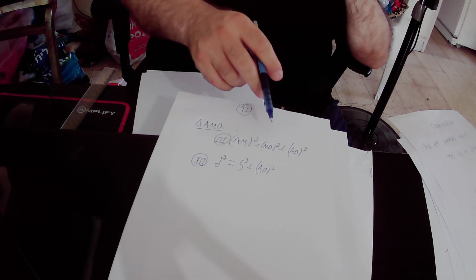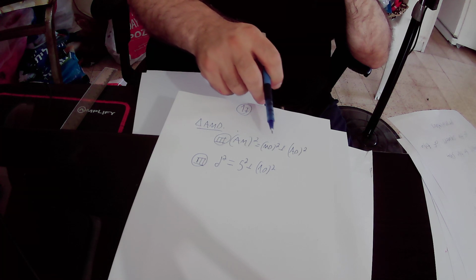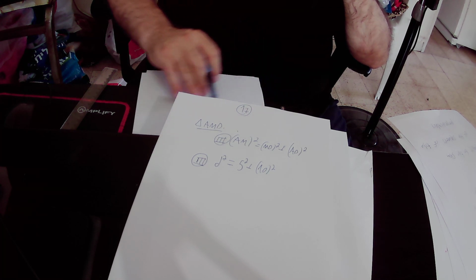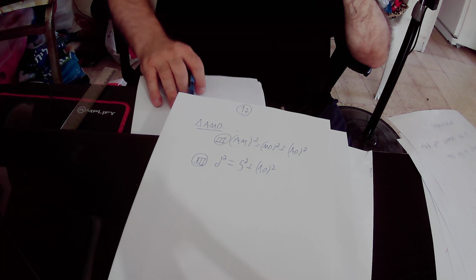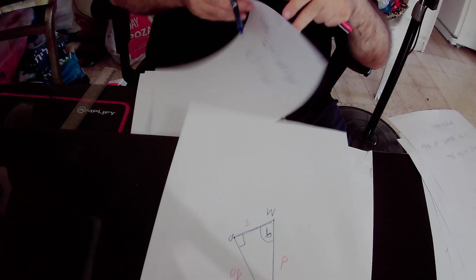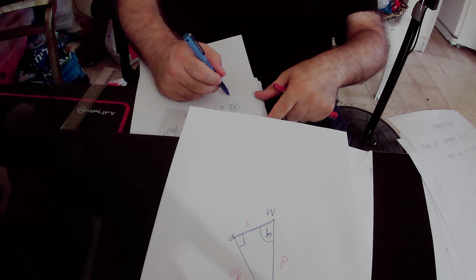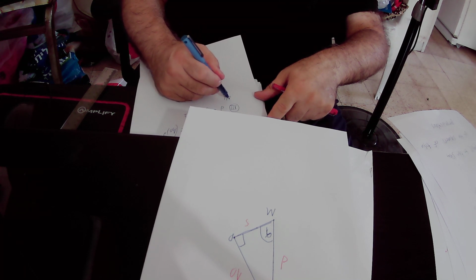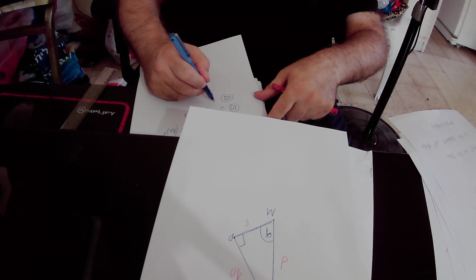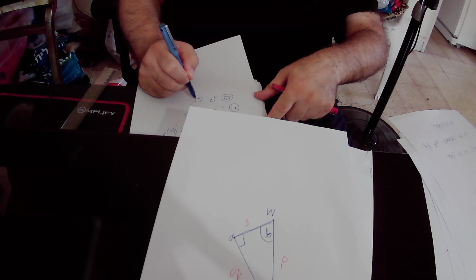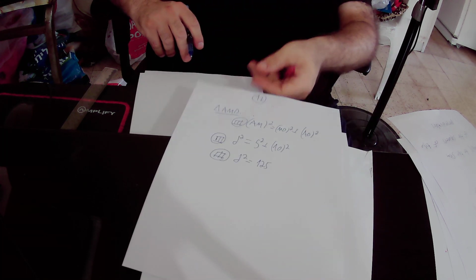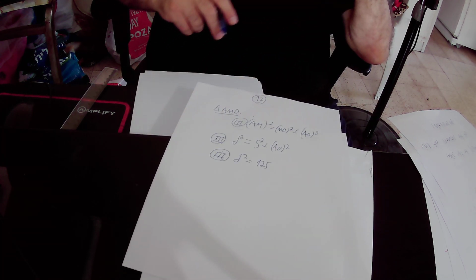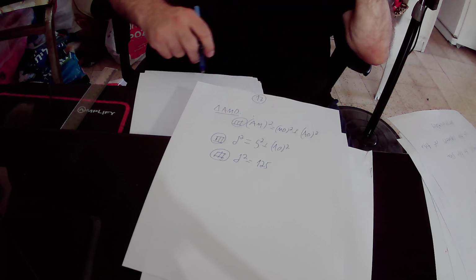So 5 square is 25 and 10 square is 100, and 100 plus 25 equals 125. Okay, we got that D square equals 125.